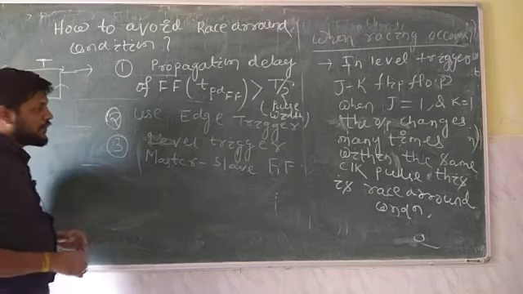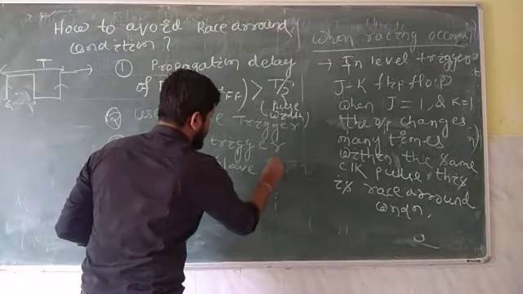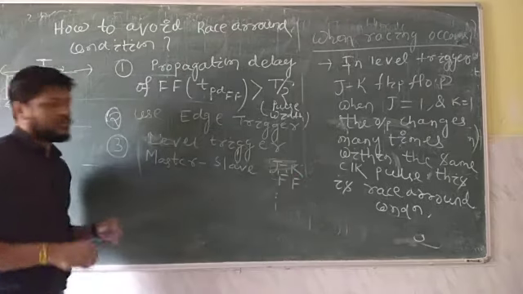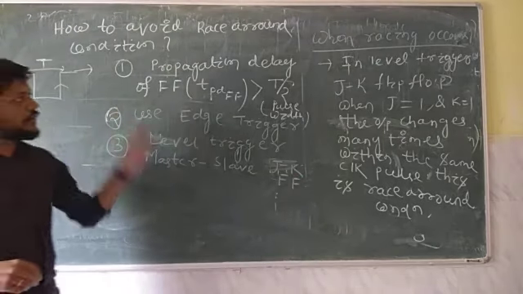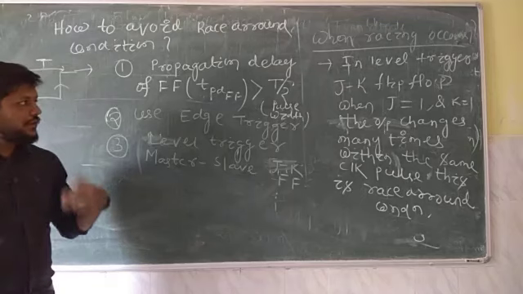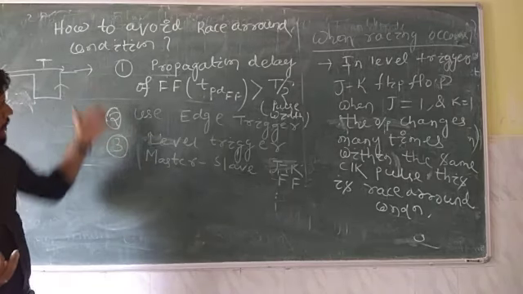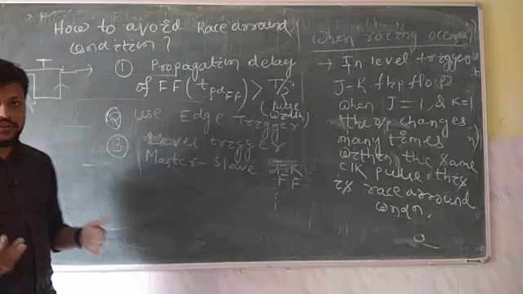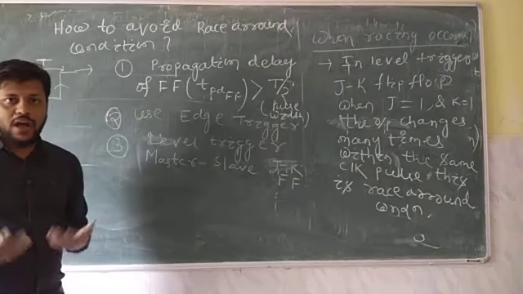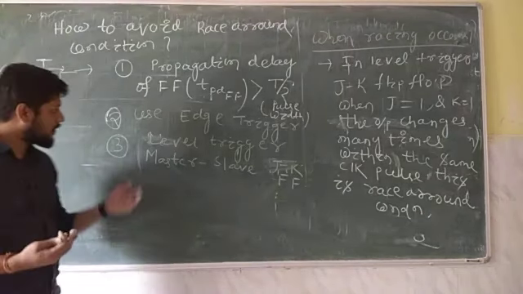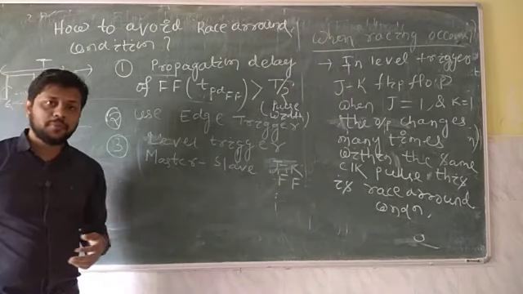So master slave JK flip flop will be used. These are the 3 ways to avoid the race around condition that arises in JK flip flop.